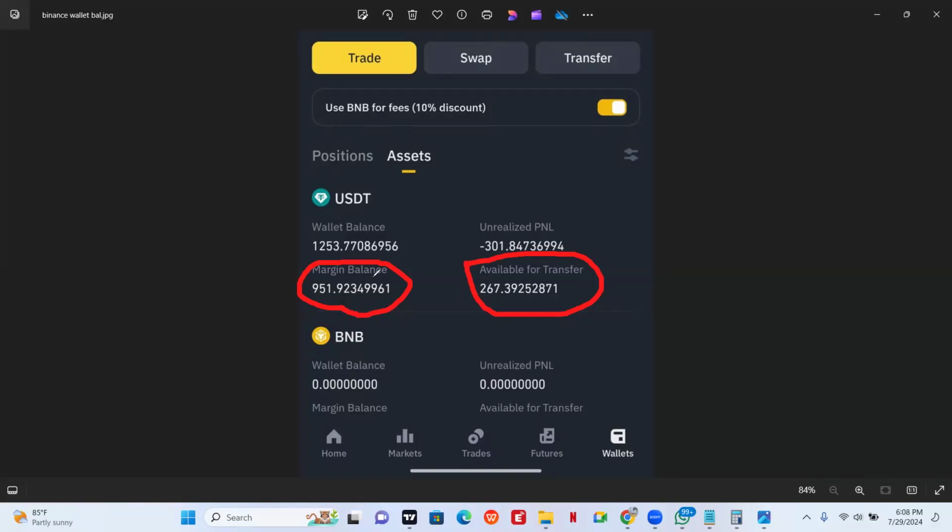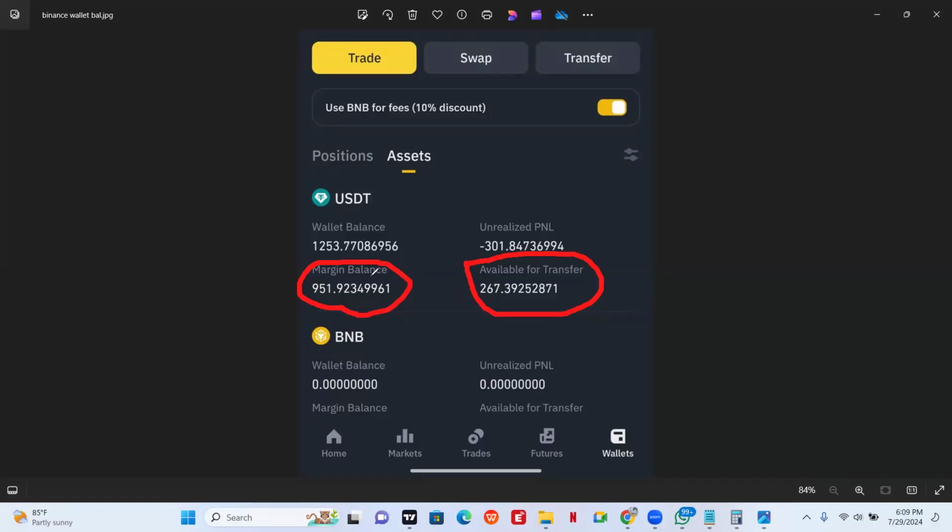While your margin balance is what is actually actively running. Your margin balance is a combination of your available for transfer and everything else, excluding the unrealized profits. Your unrealized profit is the money that is floating in the market.